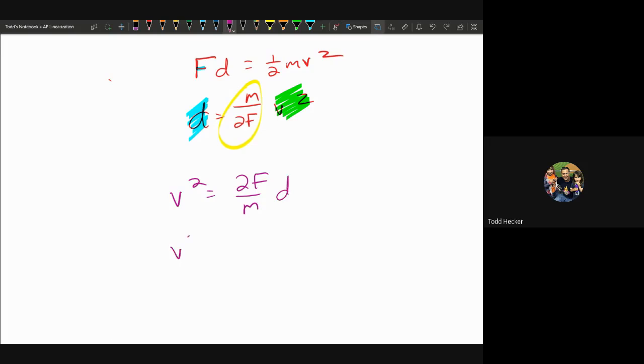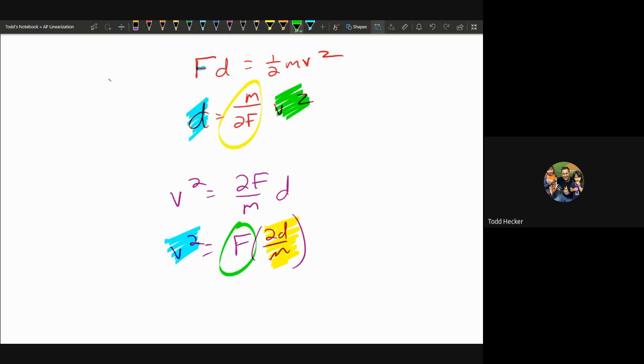That's the same as v squared equals f times 2d over m. So you could, if you wanted to, put v squared on your y-axis, put 2d over m on your x-axis, and then your slope would just be f. All right? So there's a whole bunch of different ways of doing this.